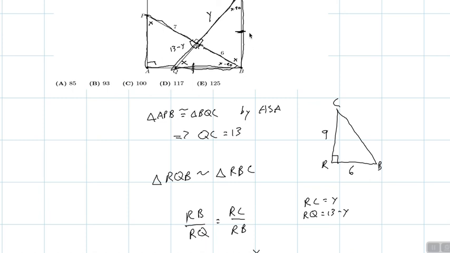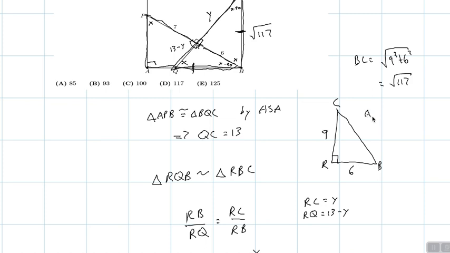So to solve for a side of the square, or the hypotenuse of this triangle, it's going to be true that BC is equal to the square root of 9 squared plus 6 squared, which is root 117. Therefore, we found that a side of the square is square root of 117.